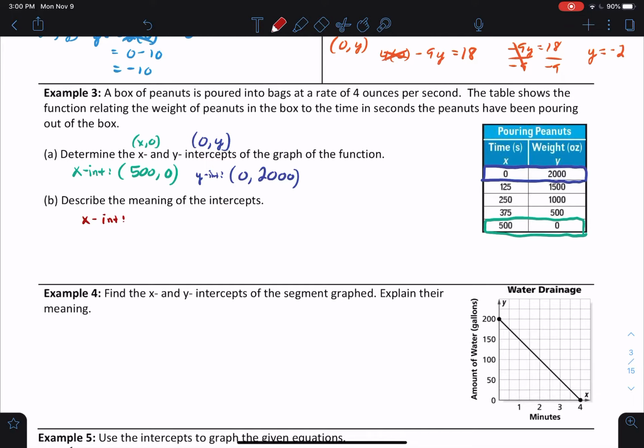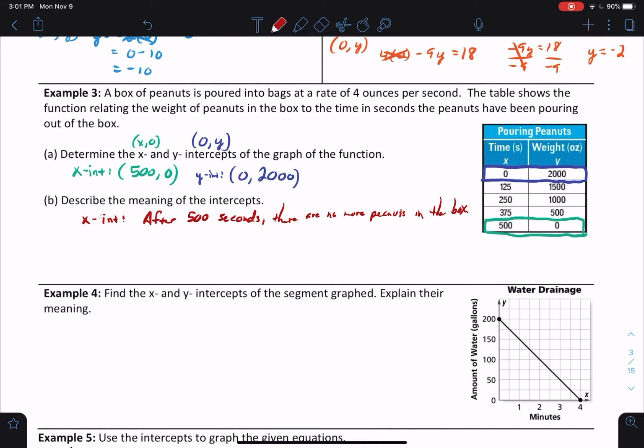So what does that mean? After 500 seconds, there are no more peanuts in the box. Okay? A couple different ways that we could say this, but basically that's what it means.